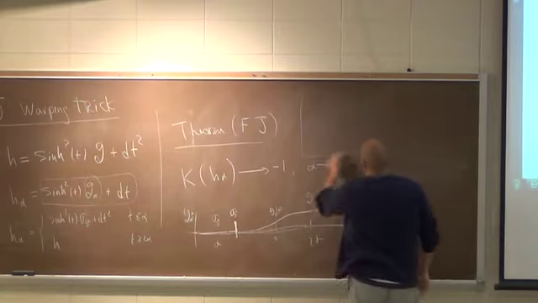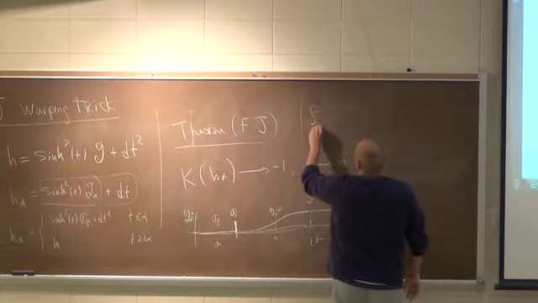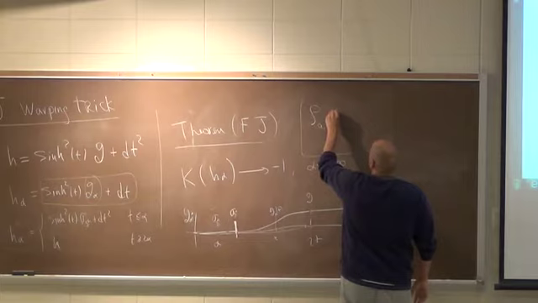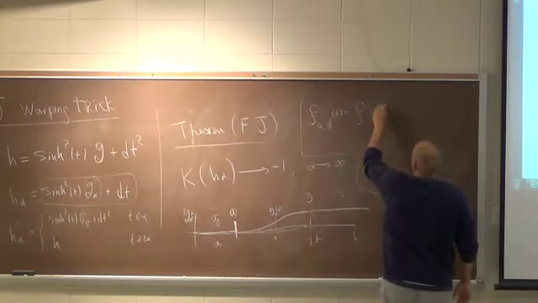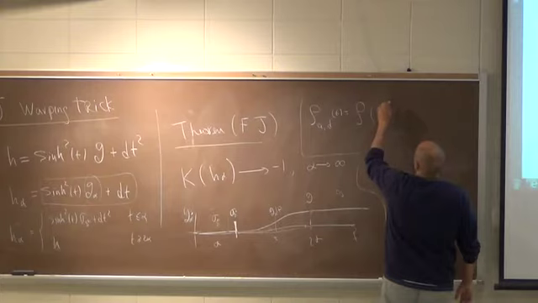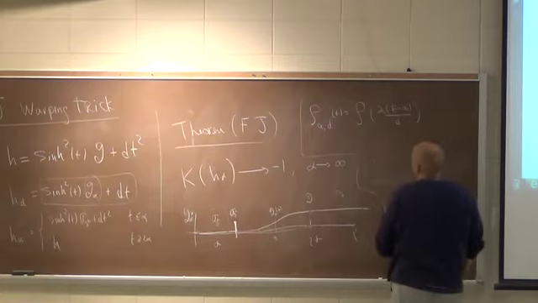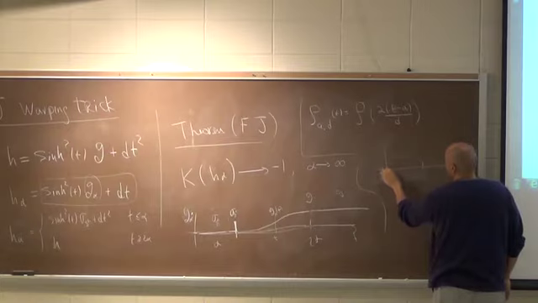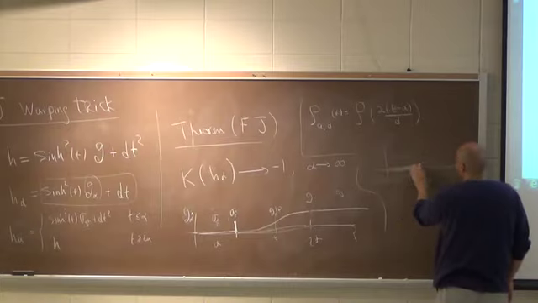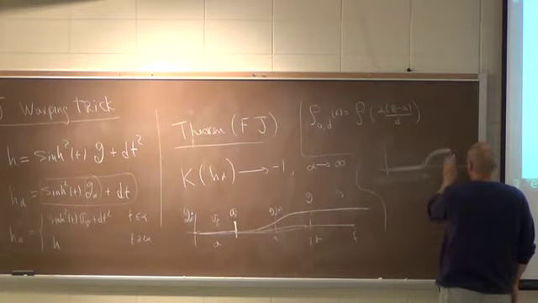Now I'm going to define rho AD of t as being rho, the bound function, of t minus a over d. This function is 0 up to a, goes up until a plus d, and then is 1.